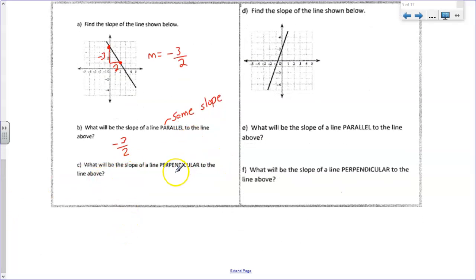Perpendicular lines have opposite reciprocals. So if it's negative, it's going to be positive, and you flip it. So it's going to be positive 2/3.